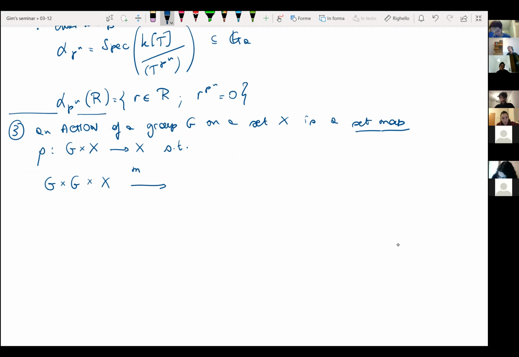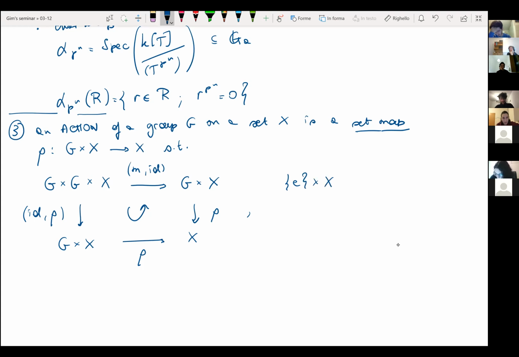We want that if we multiply 2 elements and then we make the result act on elements of X, this is the same as if we first make an element act and then we make another element act. So this diagram commutes. Moreover, we want that the identity acts trivially on any element. And this translates into the following diagram commuting.